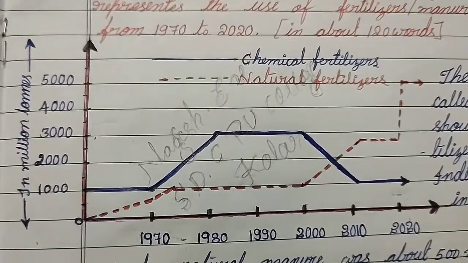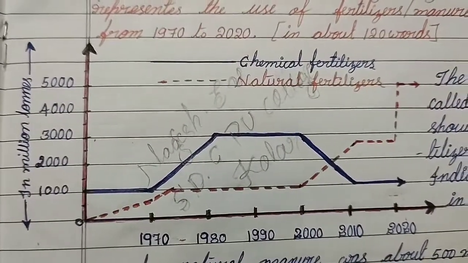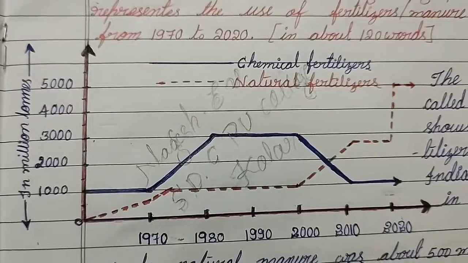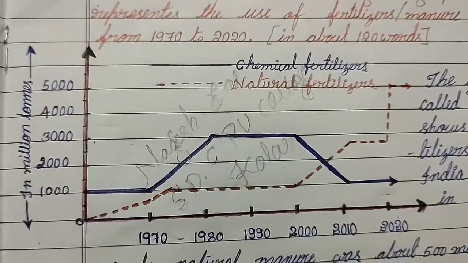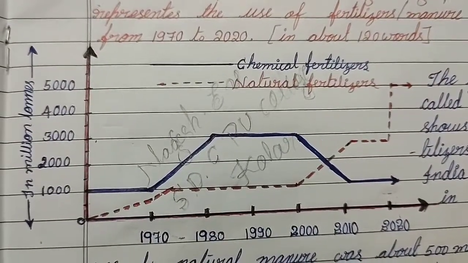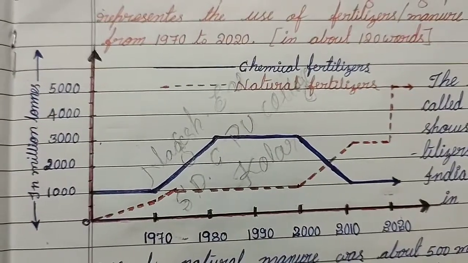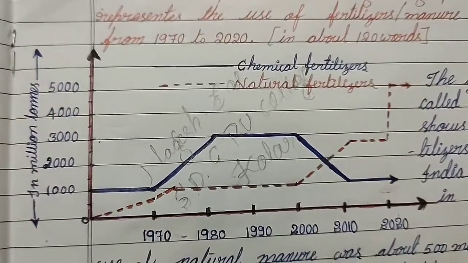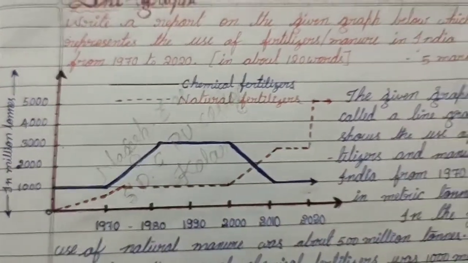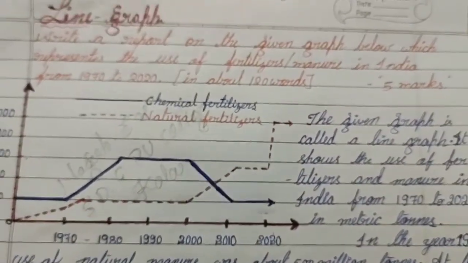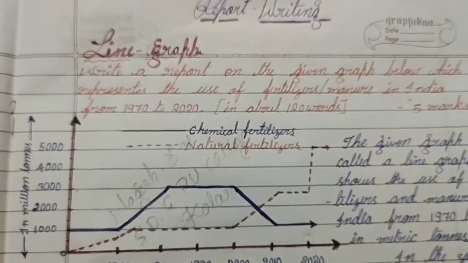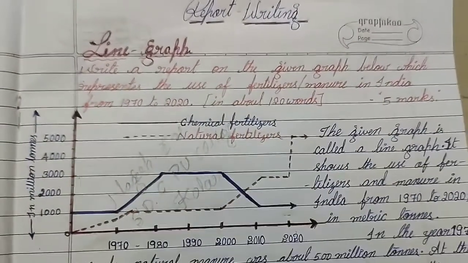Once we have understood this, we have to start writing the report. As I said in the last class too, the introduction part is very important, and the conclusion part too. While writing the introduction, we have to write like this: The given graph is called a line graph.